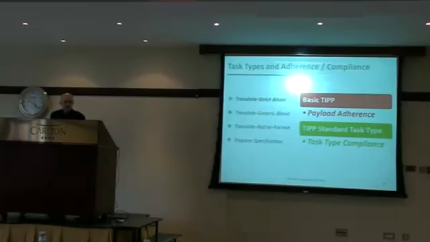We have three task types: translate strict bytext, translate generic bytext, and translate native format. And a fourth one, which doesn't have to do with translation, but with the preparation of specification for a translation project.